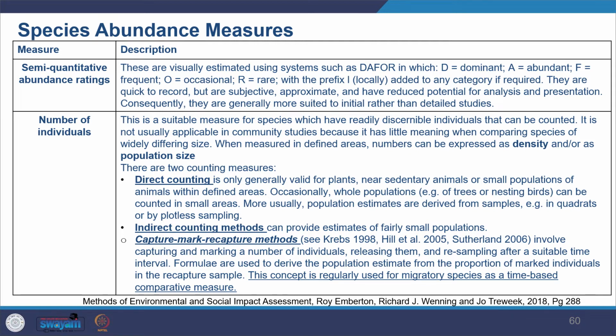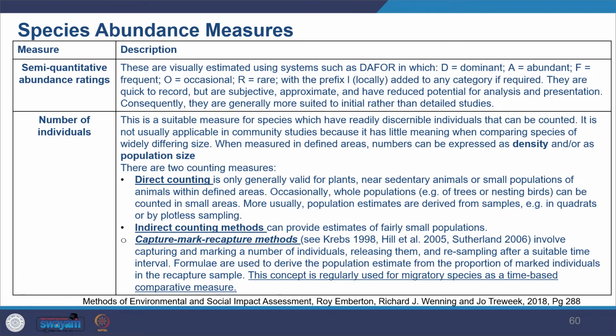But it gives the numbers, and it can also be expressed as density, number per unit area. You can tell what kind of species is available per unit area, and you can also give the population size, what kind of population is there in your study area.